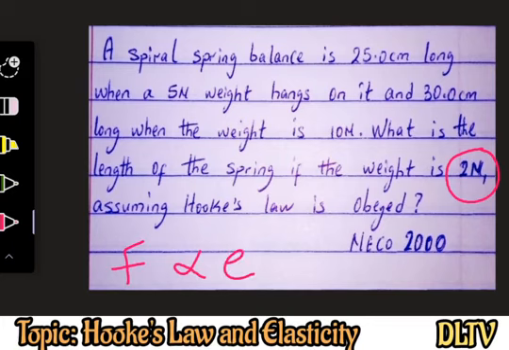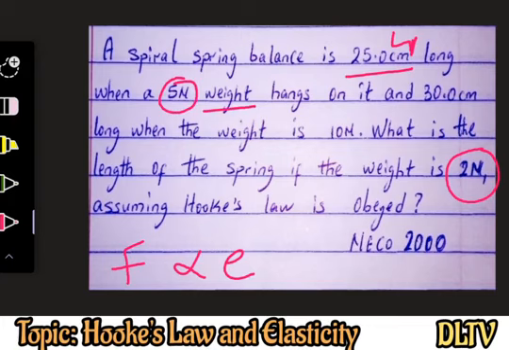So in the case of this particular question, we were given a length of 25 centimeters as the first length. Let's call it L1, the first length, due to a 5 Newton force. You must know that the word weight is another word for force.